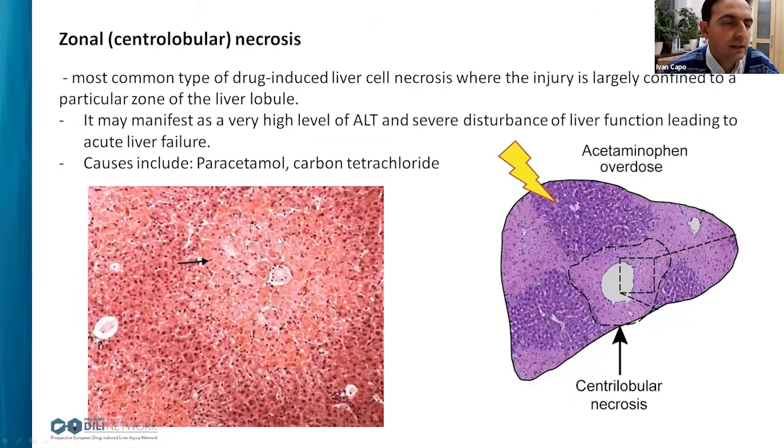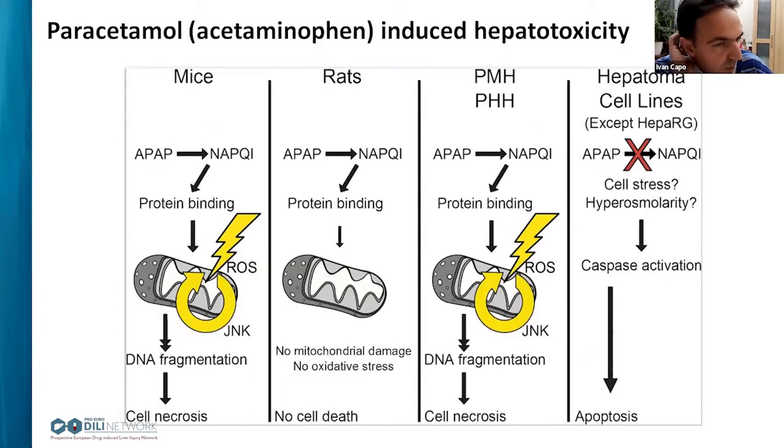So here is the histology pattern of centrilobular necrosis, and it is always highly connected with some biochemical changes which we can see in the animals. When we are trying to choose the most important animal for the analysis and for the animal model, we need to know that even though mice and rats both belong to rodents, the biochemistry of APAP is not the same.